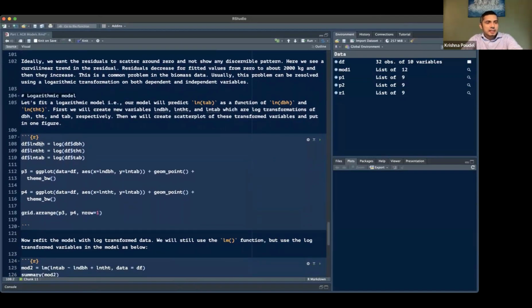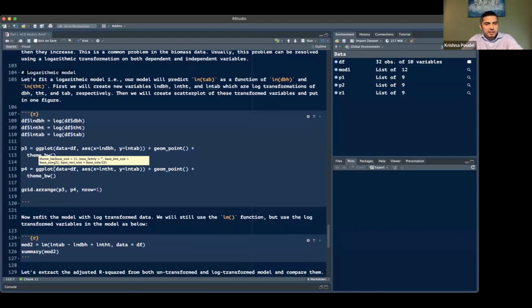So basically, I'm creating another variable called ln_dbh by using log transformation of dbh, ln_tab, which is log transformation of tab, and so on. And then now I'll plot these log scale data for log dbh and total above ground biomass, and log total height and log total above ground biomass.